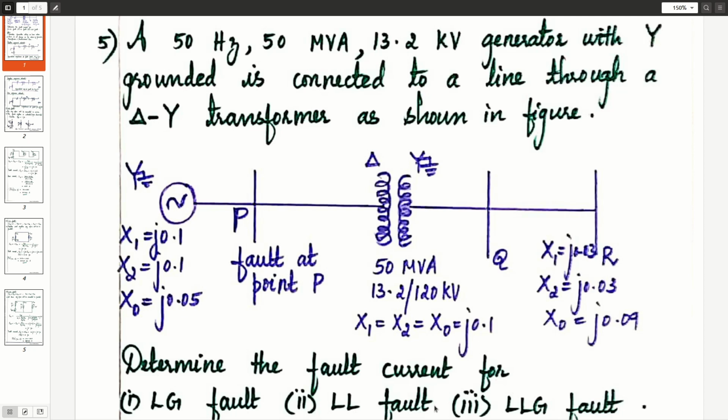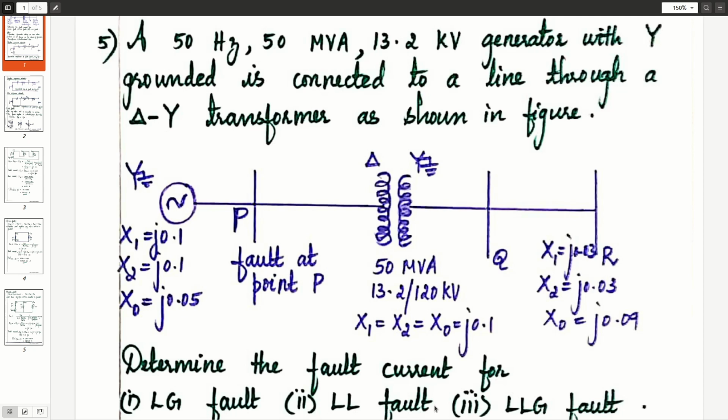Only the Thevenin equivalent positive sequence network will have VPF and equivalent positive sequence impedance. The negative and zero sequence Thevenin networks will not have the pre-fault voltage VPF. And step 3, depending upon the type of fault, these 3 equivalent circuits should be connected accordingly.